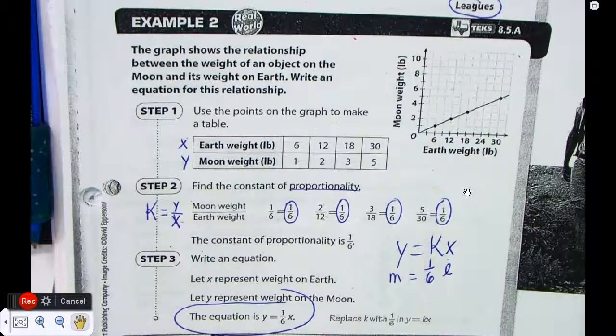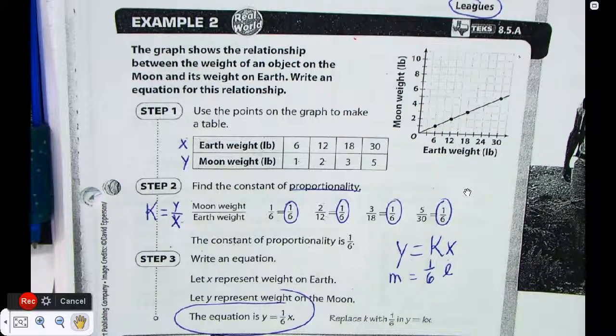How can we look at the graph and know it's proportional? How can we look at it? It goes through 0, 0, and it's what?